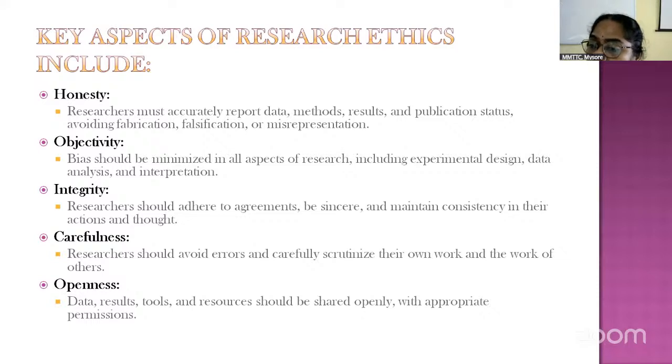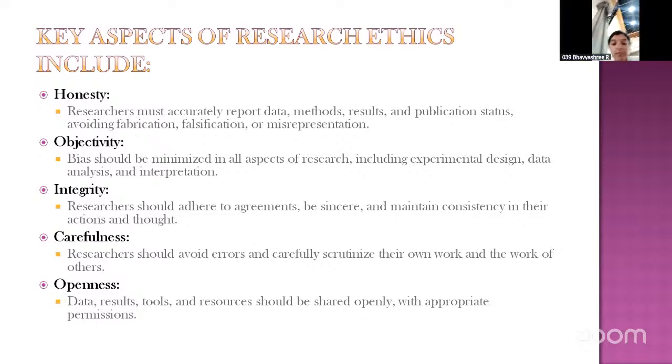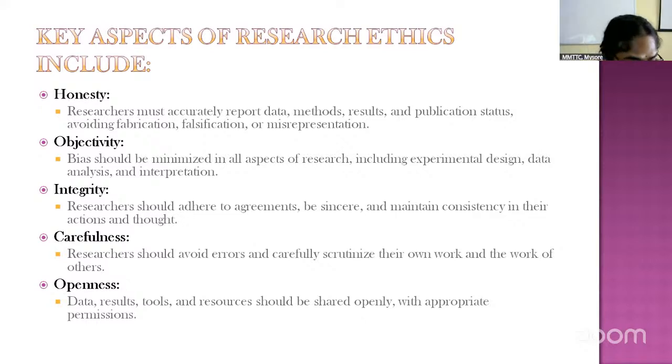When we do research, we produce a thesis, and also publish research papers. And as a researcher, what we must do is contribute to the public good. That is what we want to do when we go for research.